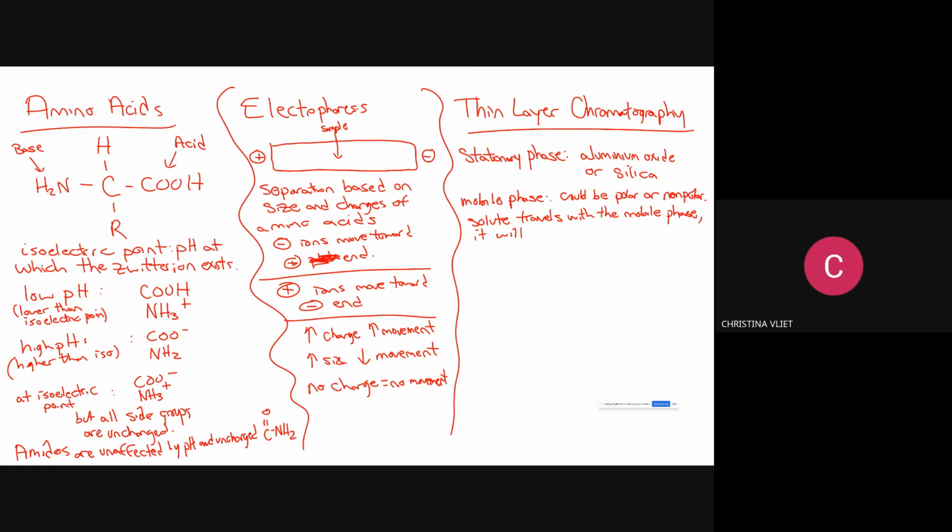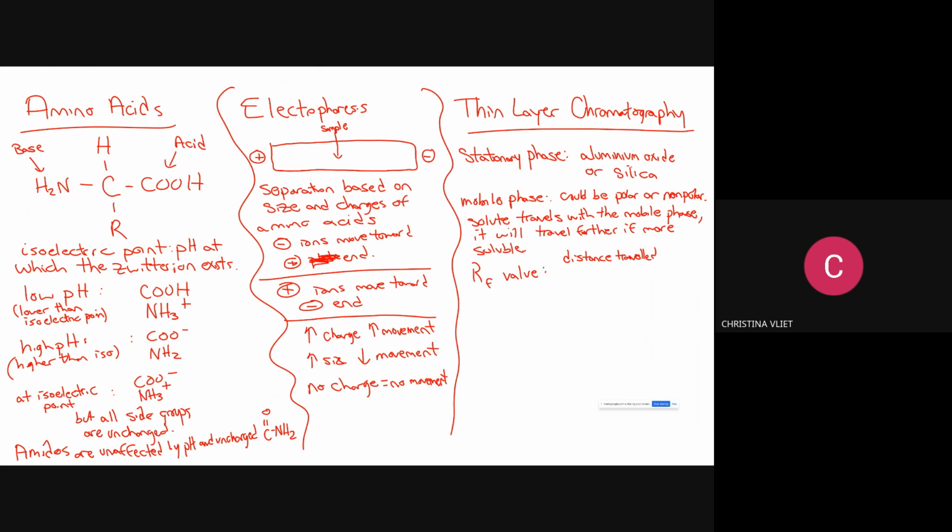We had a term for that. It's called the RF value. The RF value gives us just the math that describes this. The RF value is the distance traveled by the solute. They're usually really easy calculations to do on a Cambridge exam.